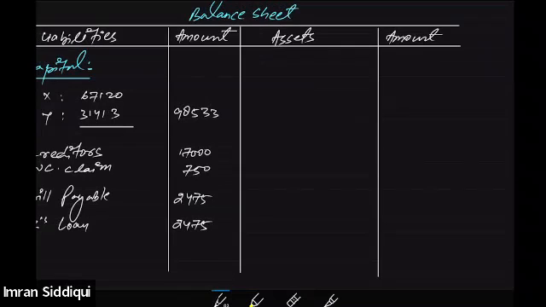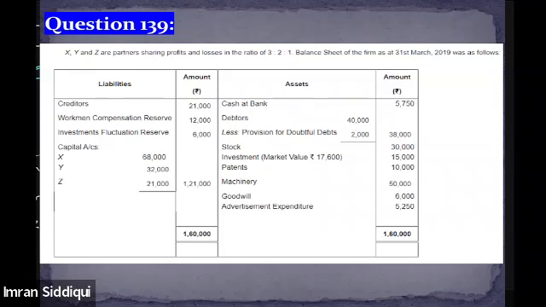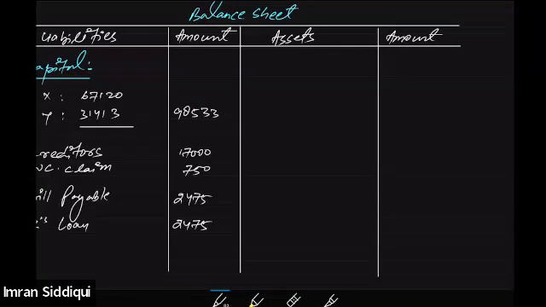On the asset side, earlier we had cash of 5750, but out of this we have made the payment of 5067 rupees to the retiring partner, right? So the remaining cash that will be available is 683.